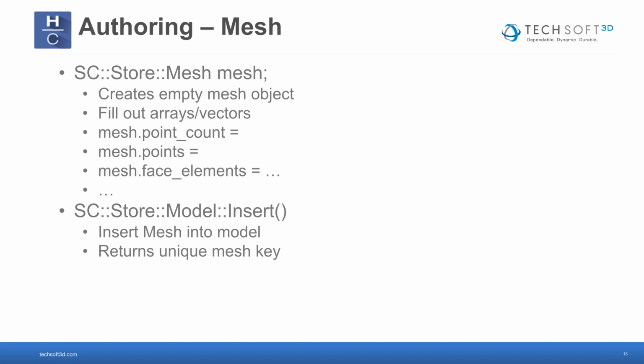But the idea to take away from this is that the mesh holds the geometry. It holds the actual geometry and these flags that describe how this geometry is going to be rendered. At this point, we're not concerned with things like textures and that stuff. That's going to come later. Strictly, the mesh is just the points.